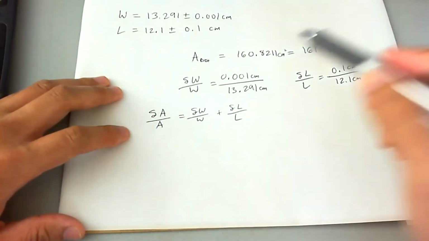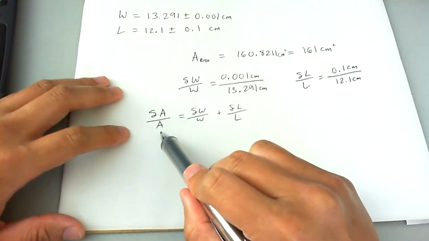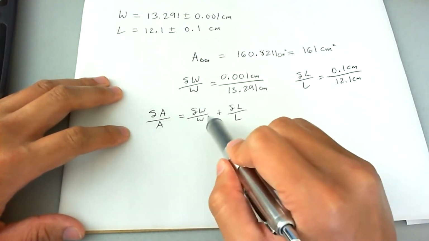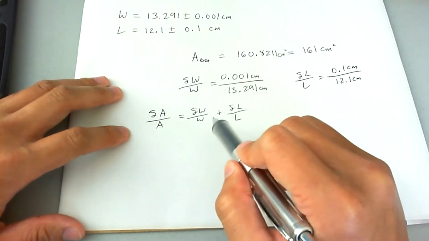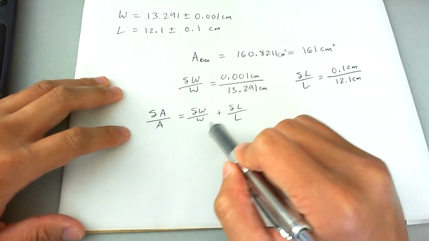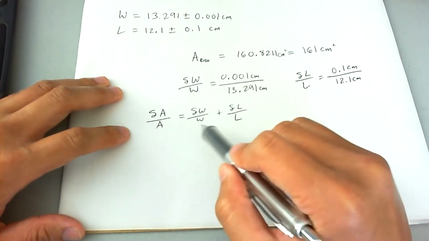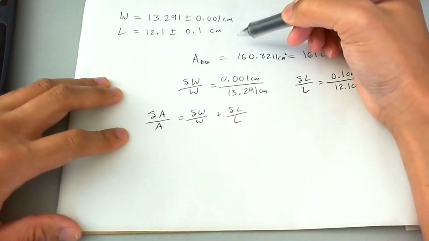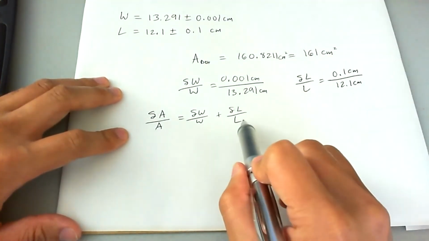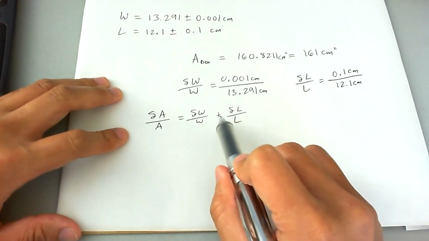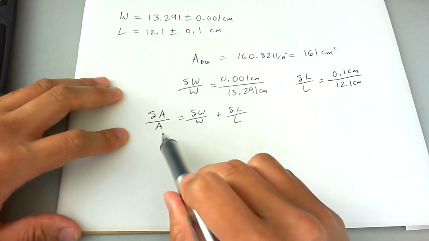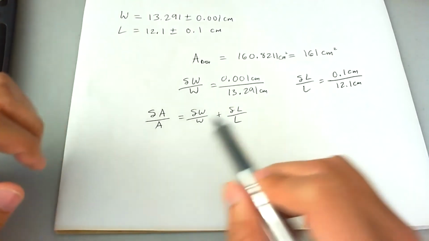In other words, the relative uncertainty of some function of width and length is equal to the sum of the relative uncertainties of all the components that went into that function. So if you're multiplying width and length, the relative uncertainties of length and width are added together to find the relative uncertainty of the answer. This goes for anything.